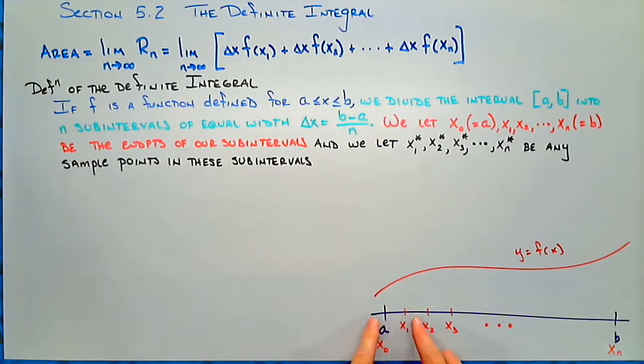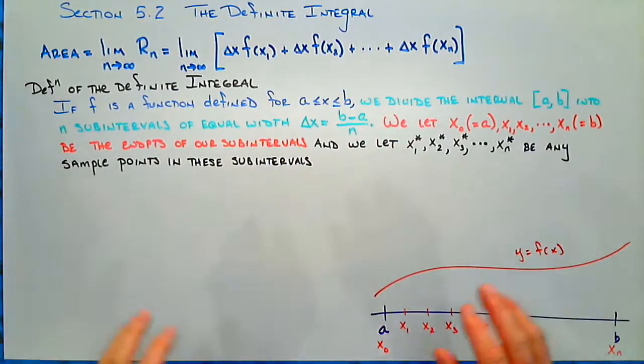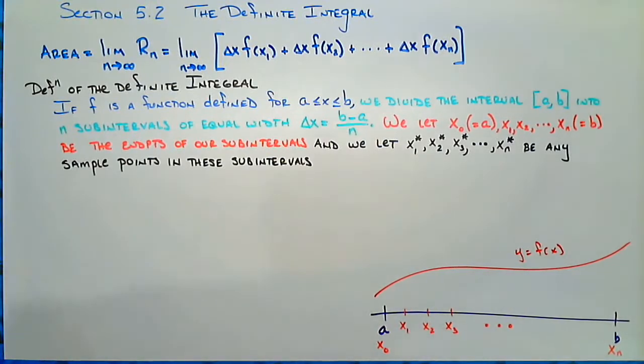It's any number. If this is 0 and this is 1, hypothetically speaking, if my interval went from 0 to 1, you could pick any number between 0 and 1 you want. The choice is completely up to you. It is your choice. Pick it. Okay? Now, why are they doing that to us? When in the previous section in the homework, they were very, very specific about what point we should pick. Right?